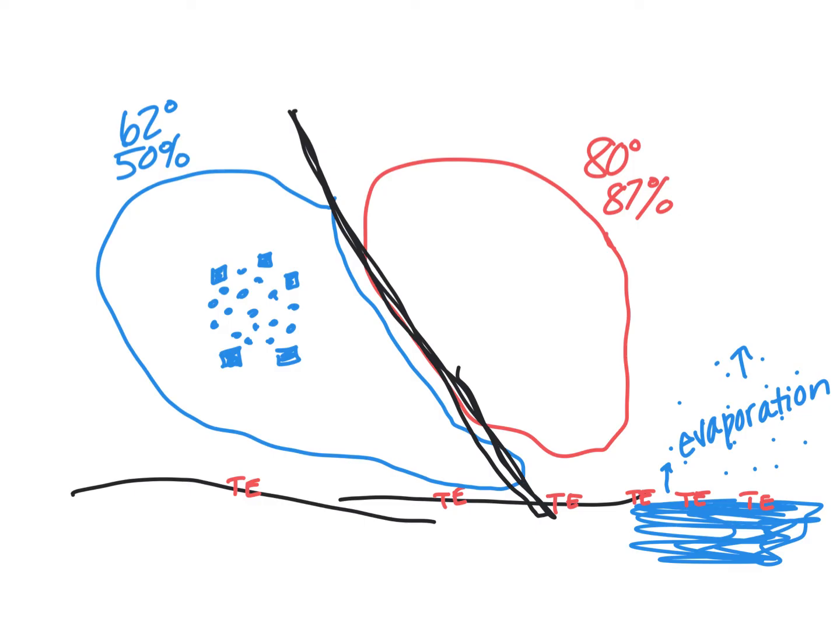Then over here, the air is further apart and it has more water vapor than the opposite side. So if this side has 5, I'm going to draw a few more over here: 5, 6, 7, 8. Okay. So the molecules are more spread out and there's more water vapor in the air.